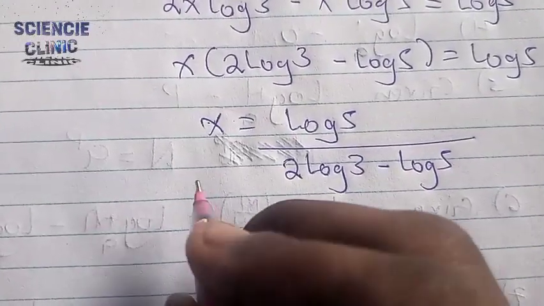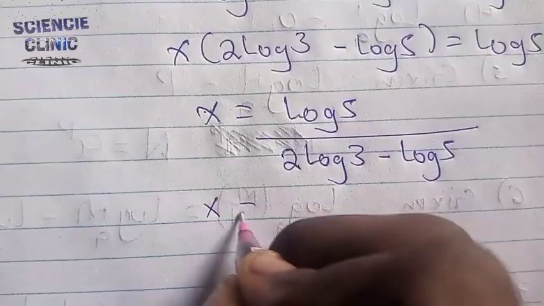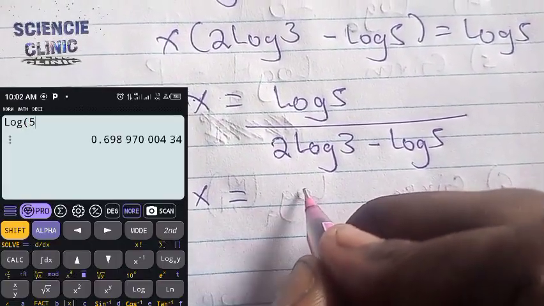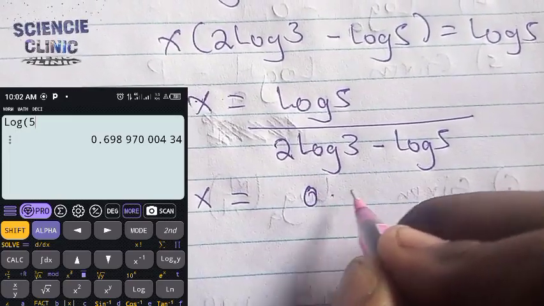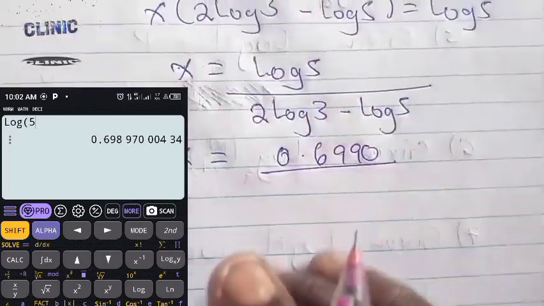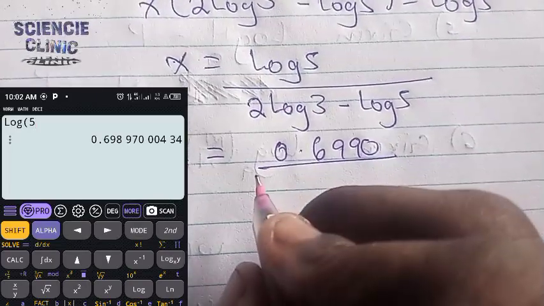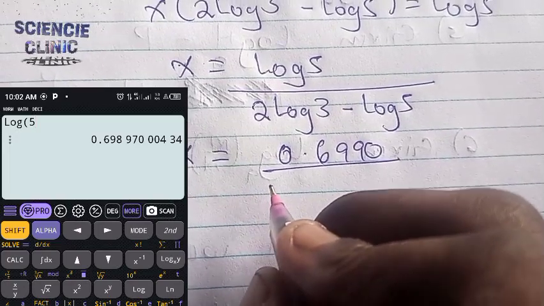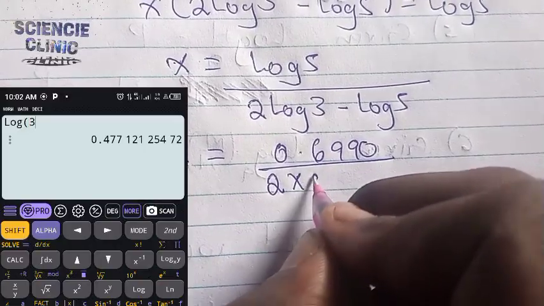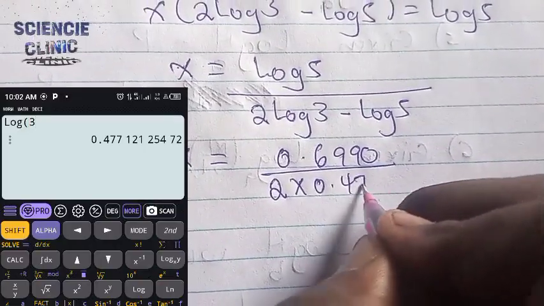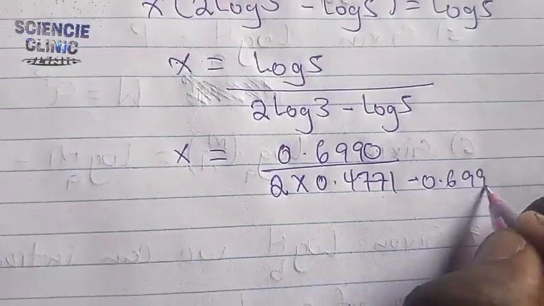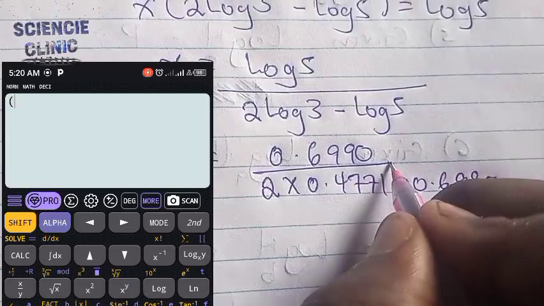Here we are almost reaching the answer, because now you just need your calculator. If you press your calculator properly, it will give you 0.6990 for the numerator, and we are taking these logarithms to 4 decimal places. Down here we are going to have 0.4771 minus 0.6990.